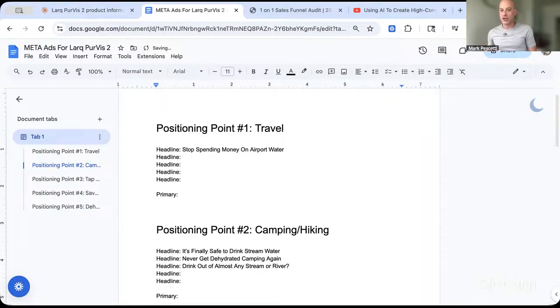Drink out of almost any stream or river, right?